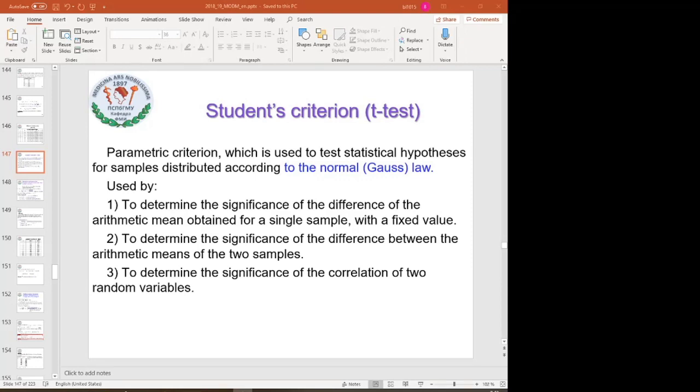The next criterion we study is the so-called Student's criterion, or more frequently it's called the t-test. This is a parametric criterion, and it's very widely used. Even Excel implemented this criterion. The function name is t-test. It has several parameters. As with other criteria, it should be two-tailed or one-tailed.